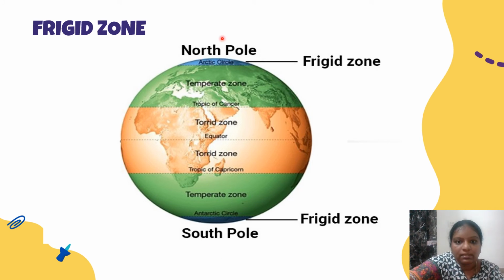The places from the North Pole to Arctic Circle are called frigid zone, and in the same way in the southern hemisphere between Antarctic Circle and South Pole. The climate will be very, very cold, and it will be covered with ice and snow throughout the year. The temperature will always be in minus degrees Celsius. So this is about the frigid zone.